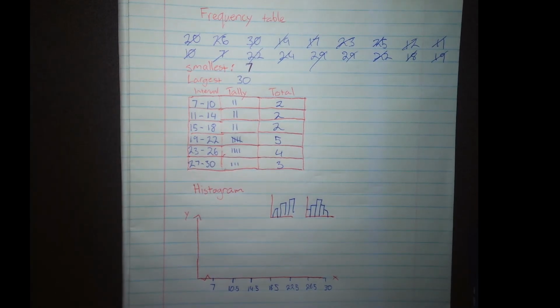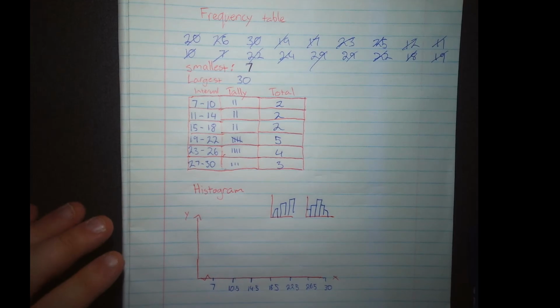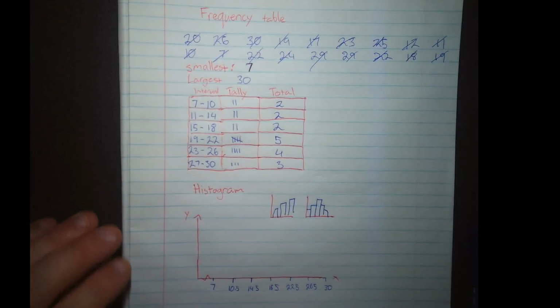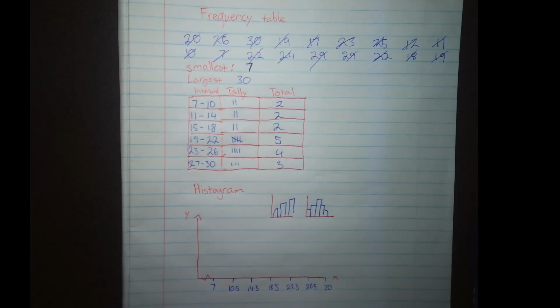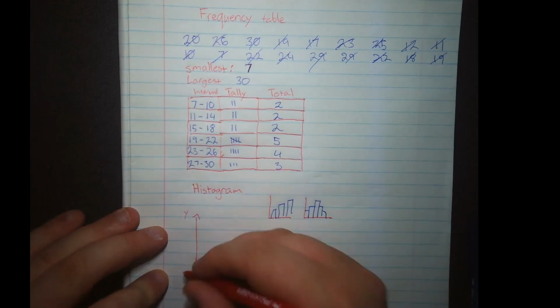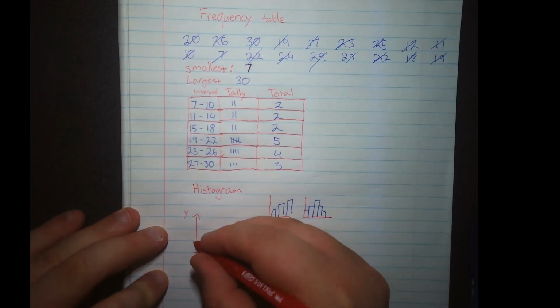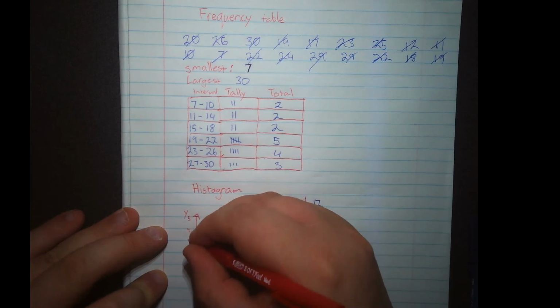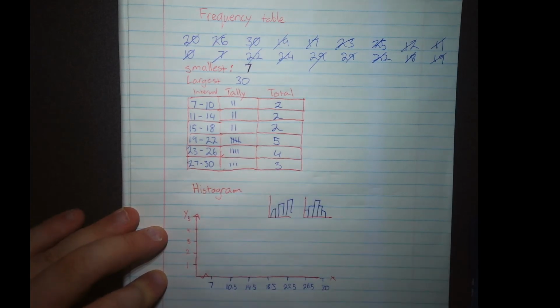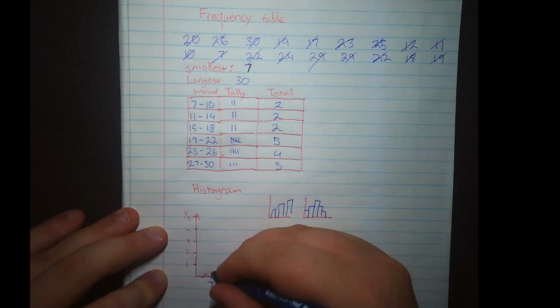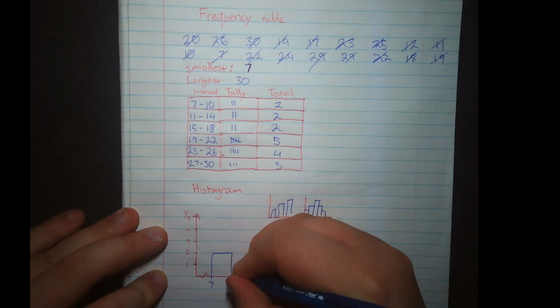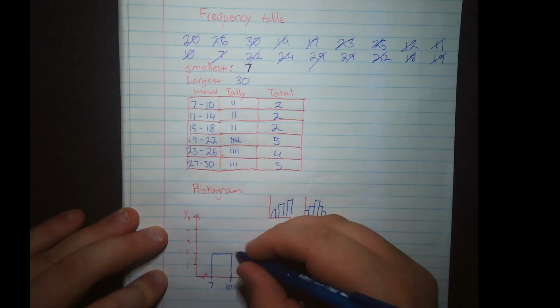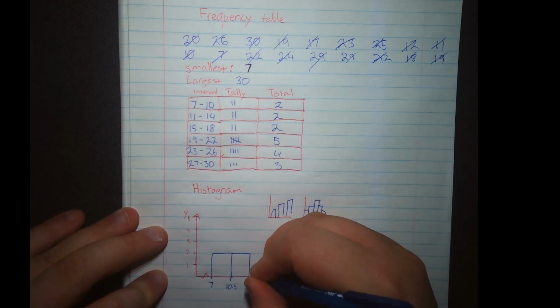All right, so that's our setup for our histogram, and now it's working the exact same way as a frequency table. On the side, I'm going to have the frequencies. So we've got 1, 2, 3, 4, 5. Right, and I'm just going to tally these up. So 7 to 10 was 2. Next one was 2.